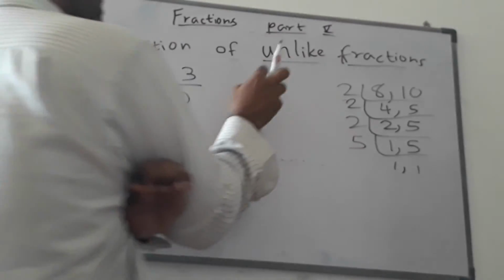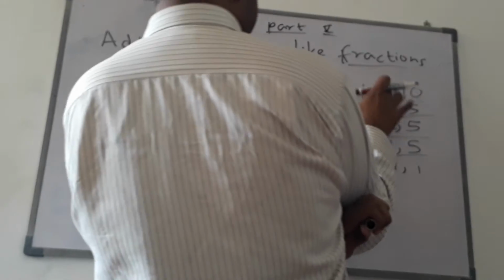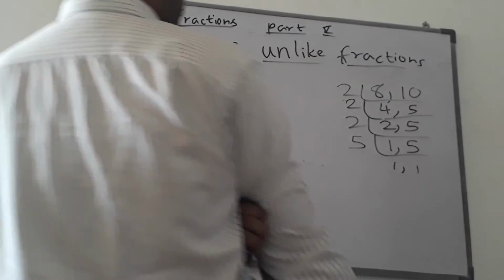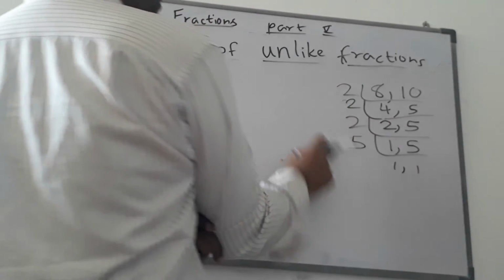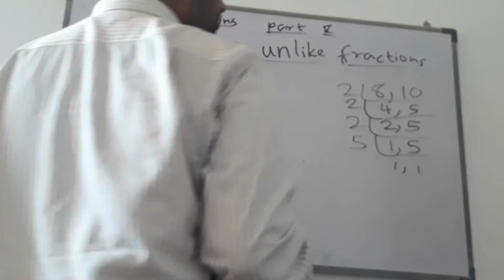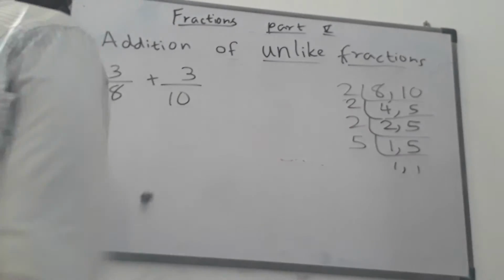Okay, first we have to divide 8 and 10 by the least prime factor, which is 2. So 8 means 2 times 4, 10 means 2 times 5. Then 4 can be divided by 2 as well. 2 and 5, 5 is not divisible by 2, so we keep the 5 the way it is. Again we can divide by 2 because 2 is divisible by 2.